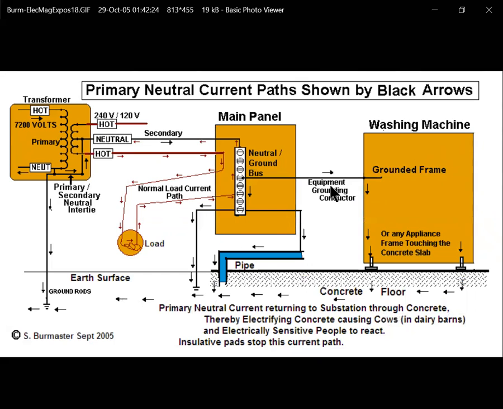Here's your main panel. And here's that wire, the combination equipment ground and system ground going over to the water pipe. And see, the water pipe is going into the physical dirt. So this particular wire here is a system ground and an equipment ground. This wire here is the ground wire going out to any grounded device, such as a washing machine.